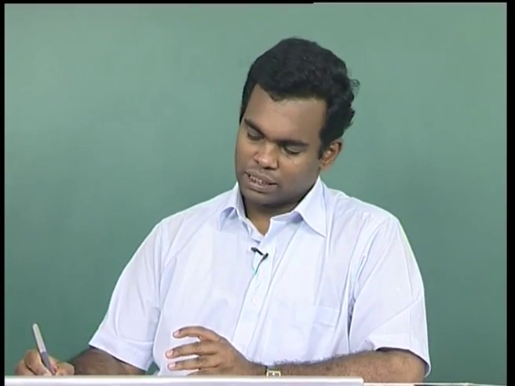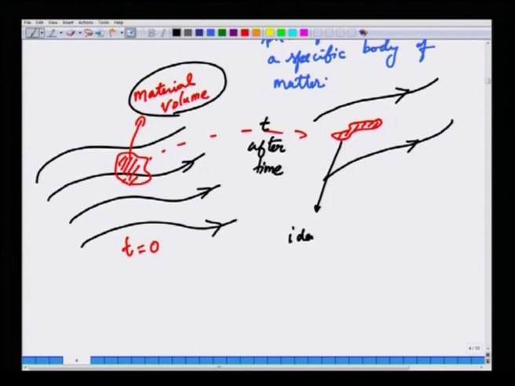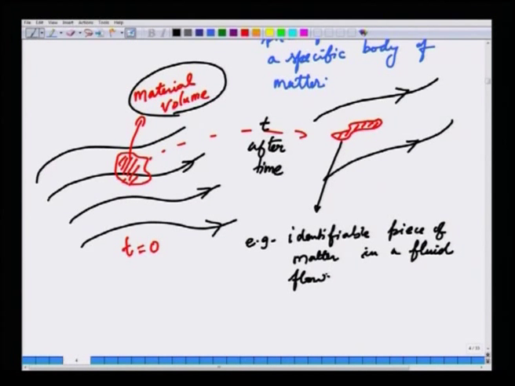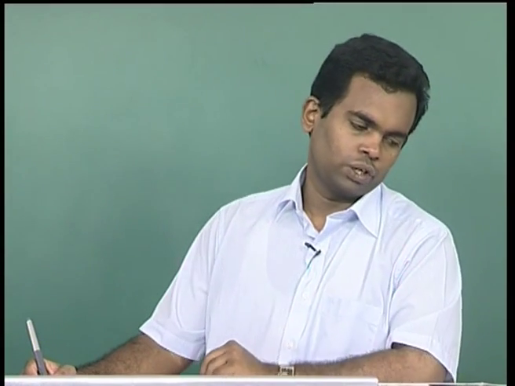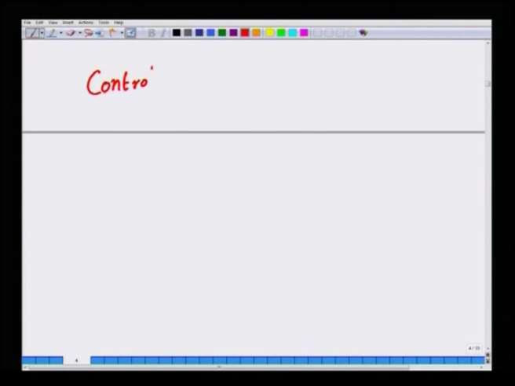So, this is an example of an identifiable piece of matter in a fluid flow. This is one way in which you can identify the same set of fluid particles or material particles. Such a description is called the control mass or the system approach.